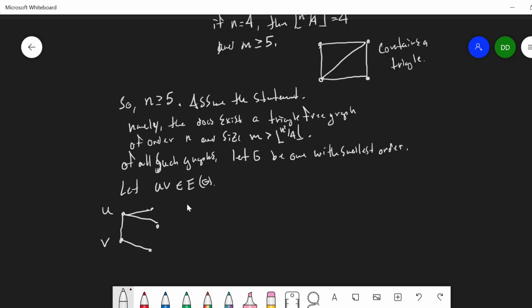So since G does not contain a triangle, there's no vertex adjacent to both u and v.